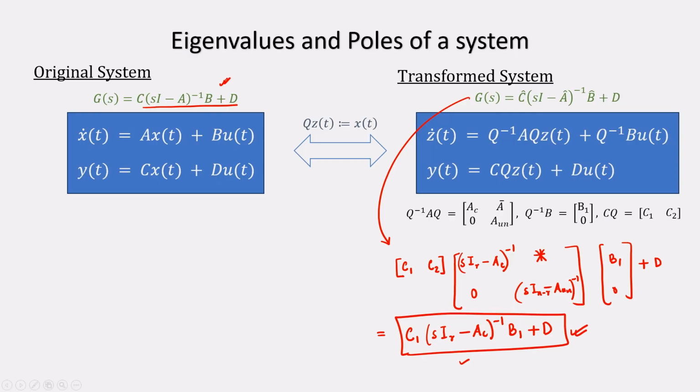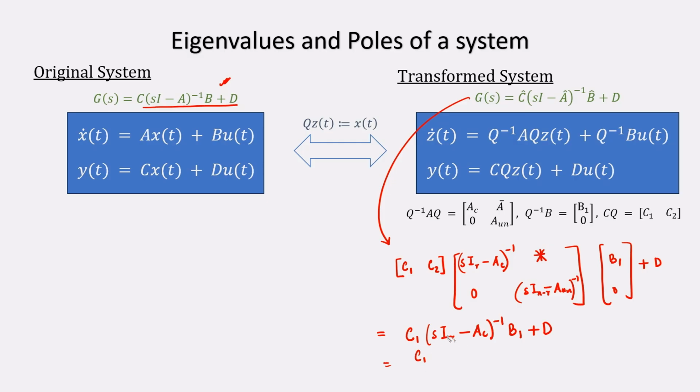What does this tell us about the poles of the system? You remember when we look at the denominator of the transfer function, we say that the roots of the denominator are the poles of the system. Now, in this case, what will the denominator be like?